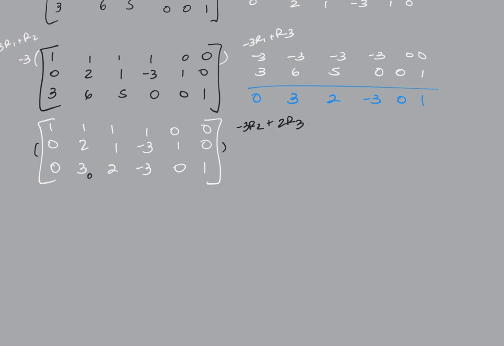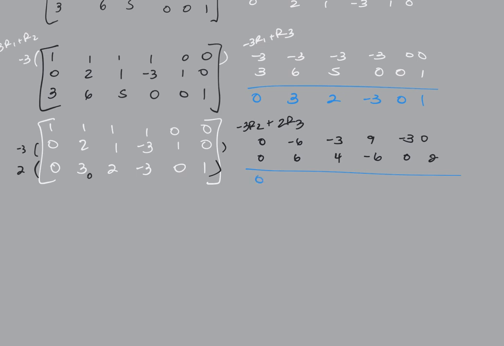So I'm doing negative 3 here, 0, negative 3, negative 6, negative 3, positive 9, negative 3, 0, and then 0, 3, 2, negative 3, 0, 1. I didn't multiply by 2. Hang on. This is why you write your steps out. 2 times row 3: 0, 6, 4, negative 6, 0, 2.